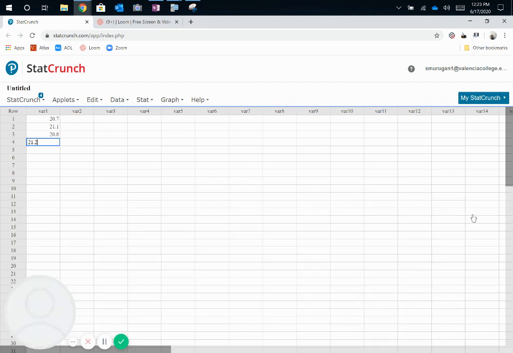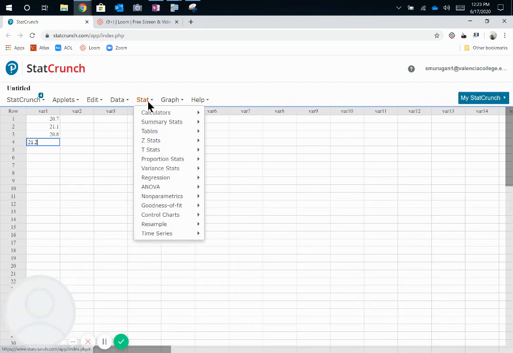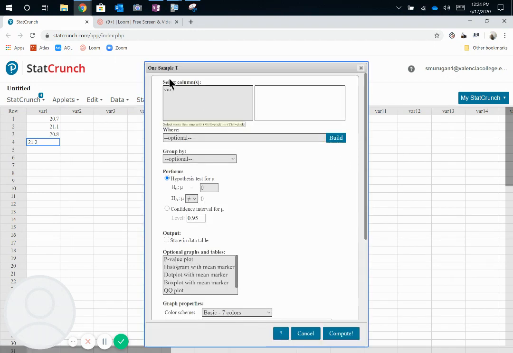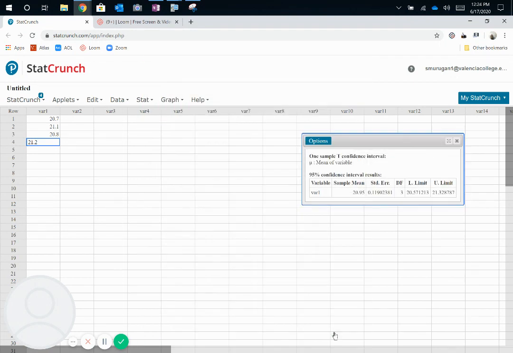Compute the confidence interval at 95%, I think. Yeah. T Stat, One Sample with Data, variance 1, confidence interval 95, compute. And we're getting this wonderful confidence interval of 20.57 and 21.32.